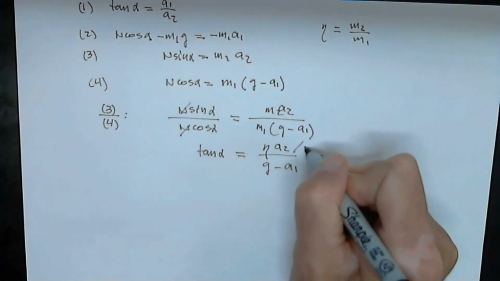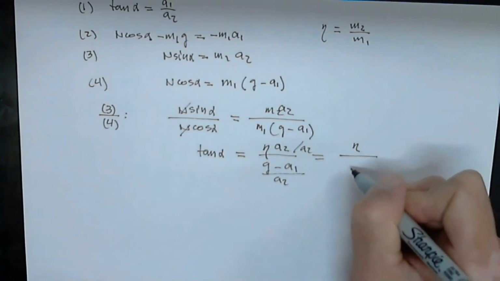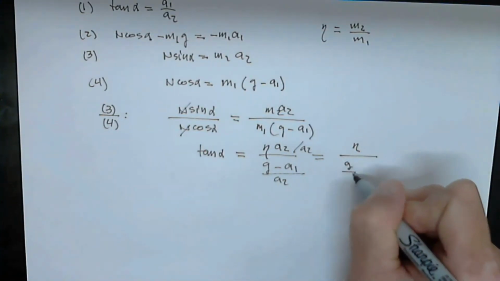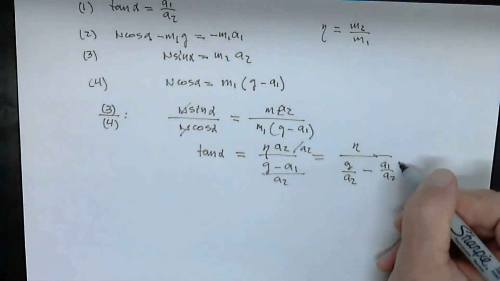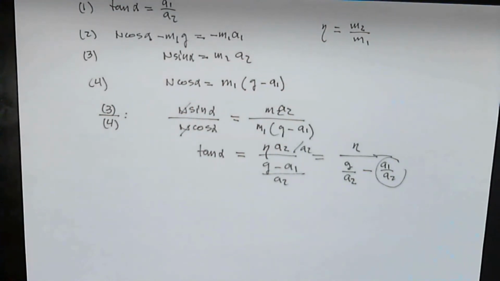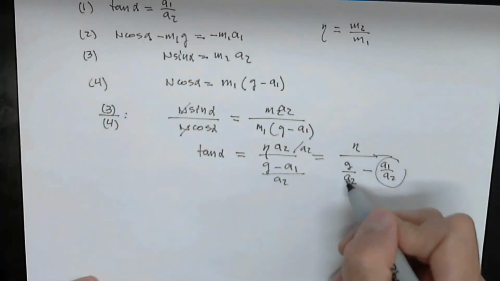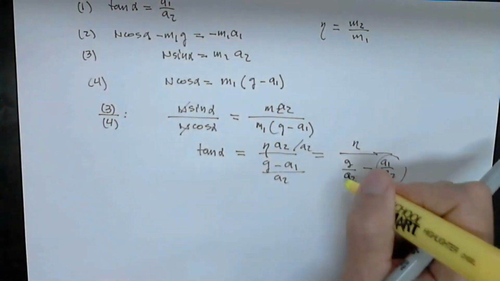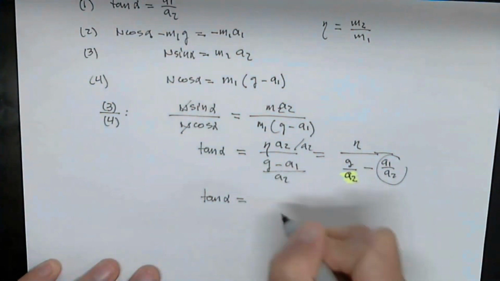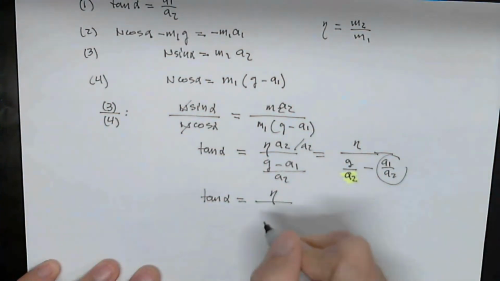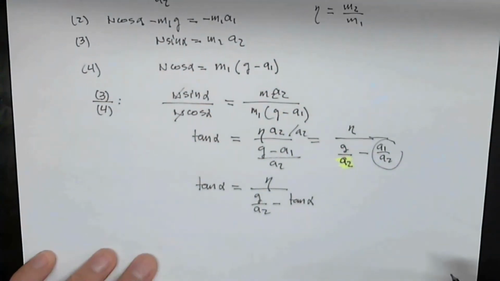Now I divide by a2, so I get g over a2 minus a1 over a2, and substituting the constraint, I only have an equation with a2: tangent of alpha equals rho over g over a2 minus tangent of alpha.